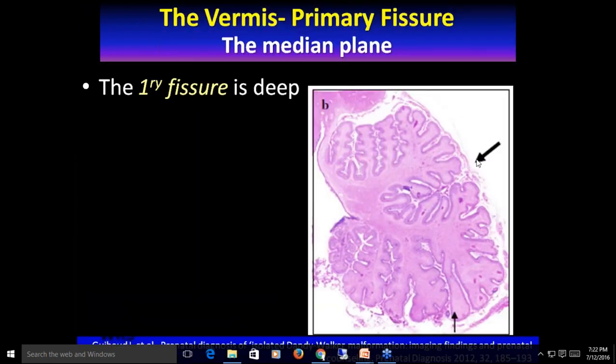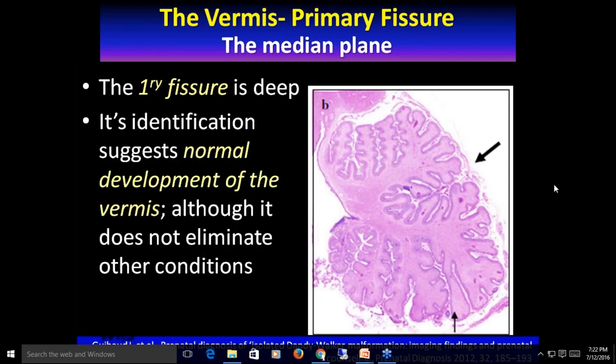The primary fissure of the vermis is very deep. Its identification suggests normal development of the vermis, although it does not eliminate other conditions. And this primary fissure is consistently seen after 24 weeks gestation.